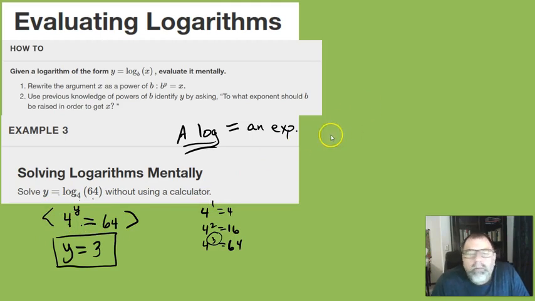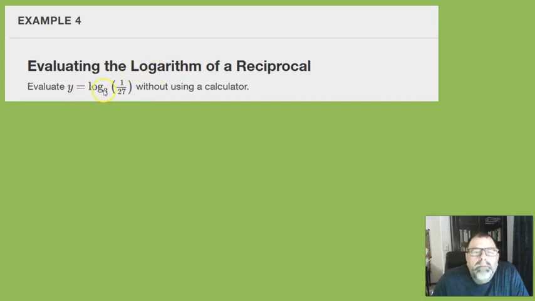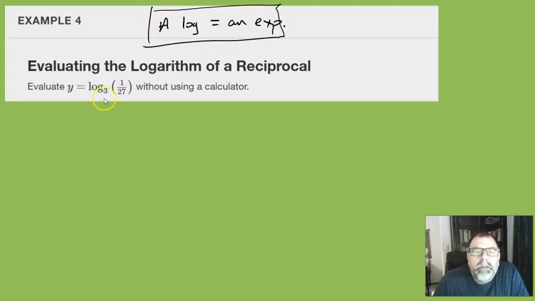So, all right, let's try another one. Evaluate y equals log base 3 of 1 over 27 without using a calculator. So again, remember, a log equals an exponent. We're saying 3 to what power? What's the exponent of 3 that gets us 1 over 27?